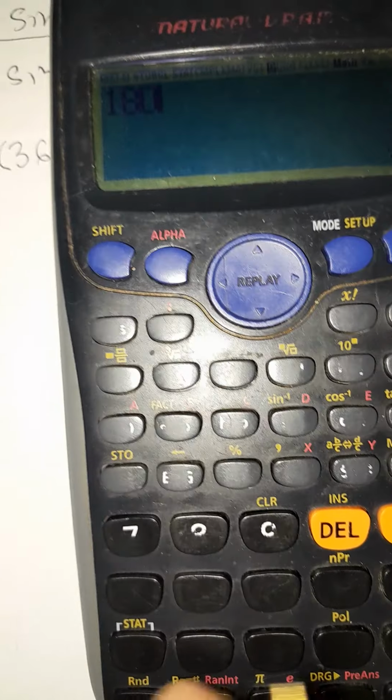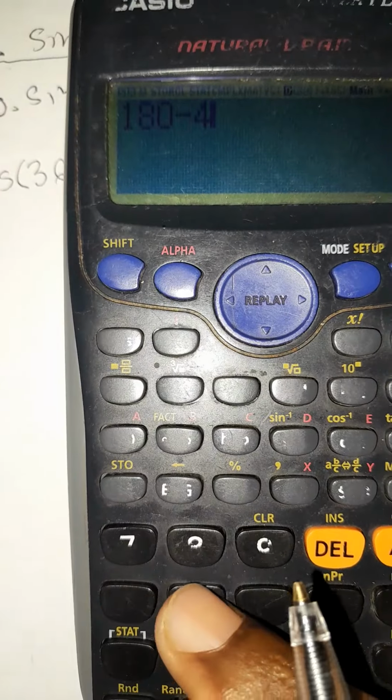So we are going to have cos of 360 subtracted by 45. Then we go to sine 135. This is the same as 180 minus 45, right? Okay. 180 minus 45.